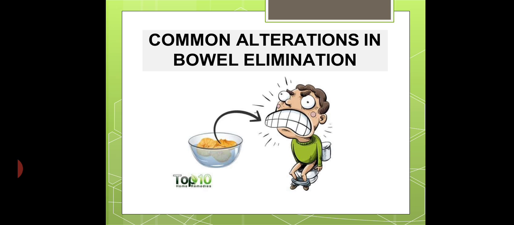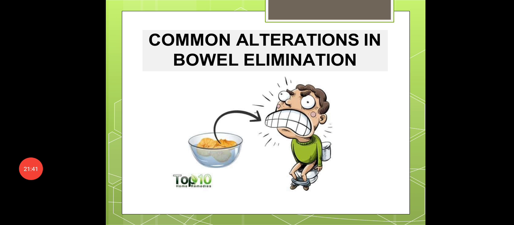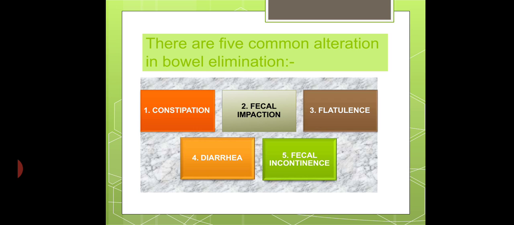After this we have completed mostly the normal physiology of bowel elimination. Now we are looking at the common alterations in bowel elimination. There are five common alterations.